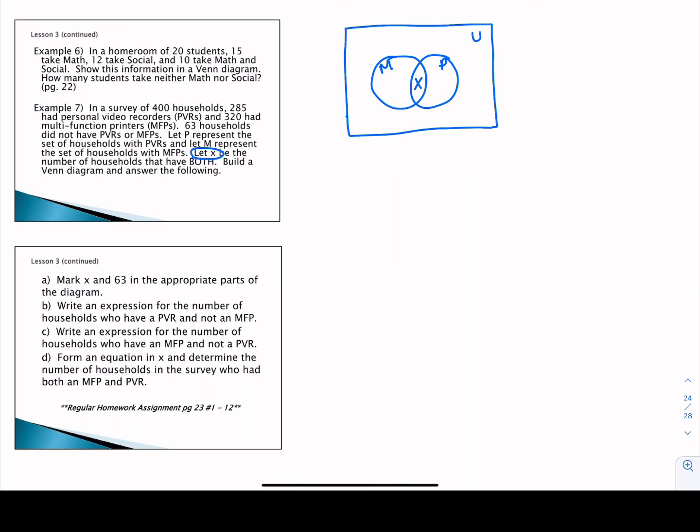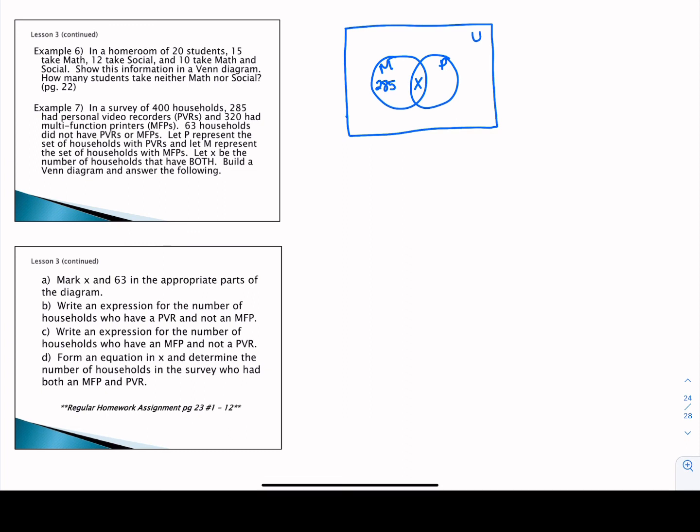Now, if we go back to the information that we were given, we can actually label some more parts of this Venn diagram. From the beginning, it said in a survey of 400 households total, 285 of them had PVRs. Now be careful, it doesn't mean that 285 sits outside that overlap. It means we have 285 in total.